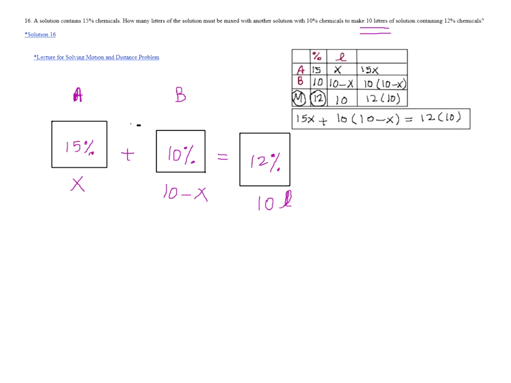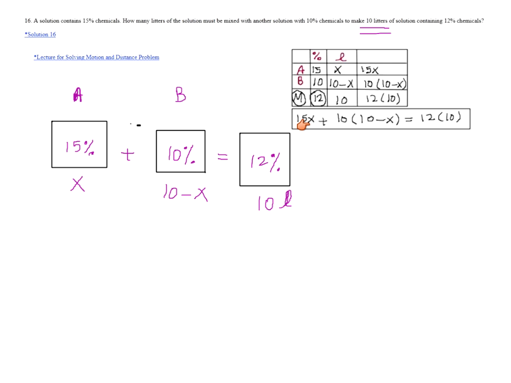All right, so the equation would be 15% times x plus 10% times 10 minus x equal to 12% times 10. Right, so we can divide each term by 100 to get 0.15, 0.1, 0.12. You can multiply each term by 100 to eliminate the decimal. So everybody can see we get this equation: 15x plus 10 times 10 minus x equal to 12 times 10.